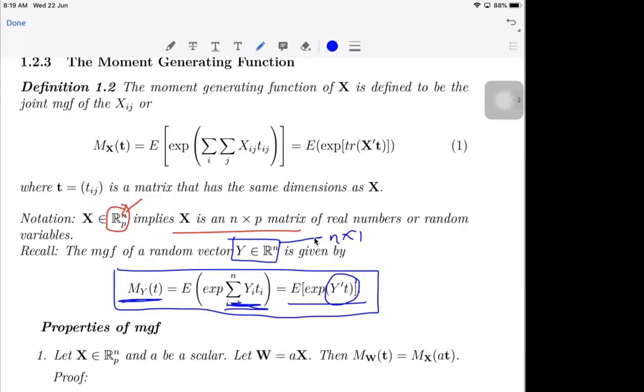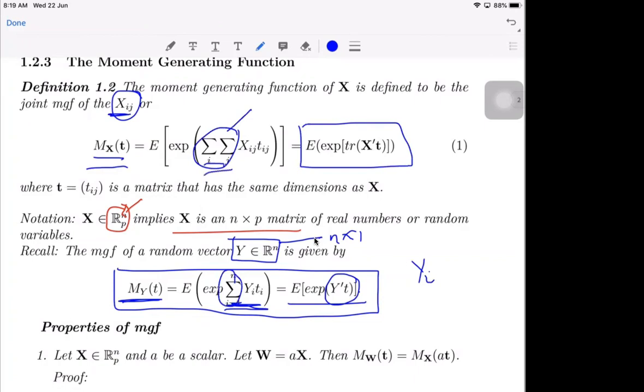If you have a random matrix here, the multivariate case, so instead of y_i we have x_ij, then the moment generating function of your random matrix will be a double sum. A single sum for univariate becomes a double sum for the multivariate case. To compensate for this double sum, we have the trace.